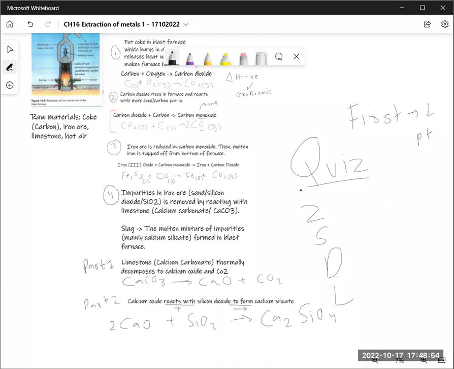Now, first question. Give me the equation for the second step of iron extraction. Carbon dioxide plus carbon gives us carbon monoxide. Perfect. So that's 1 point for Zahra. The first answer gets 2.